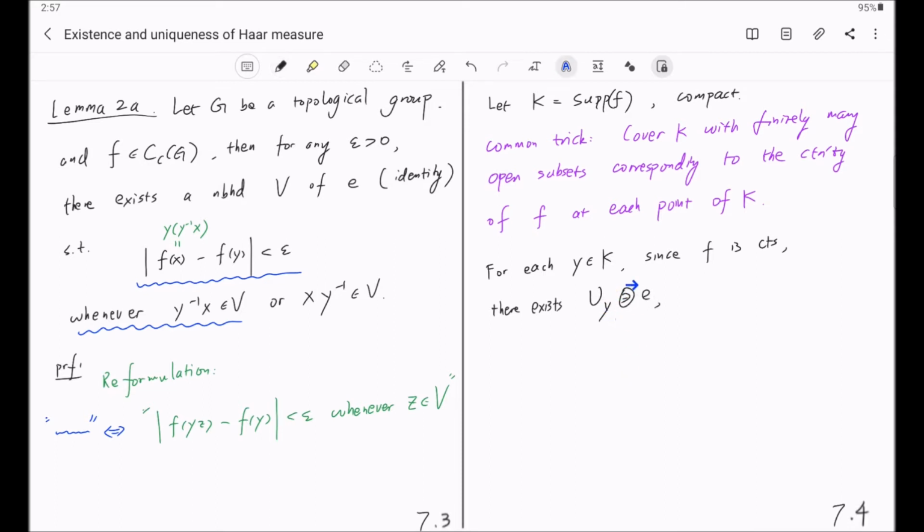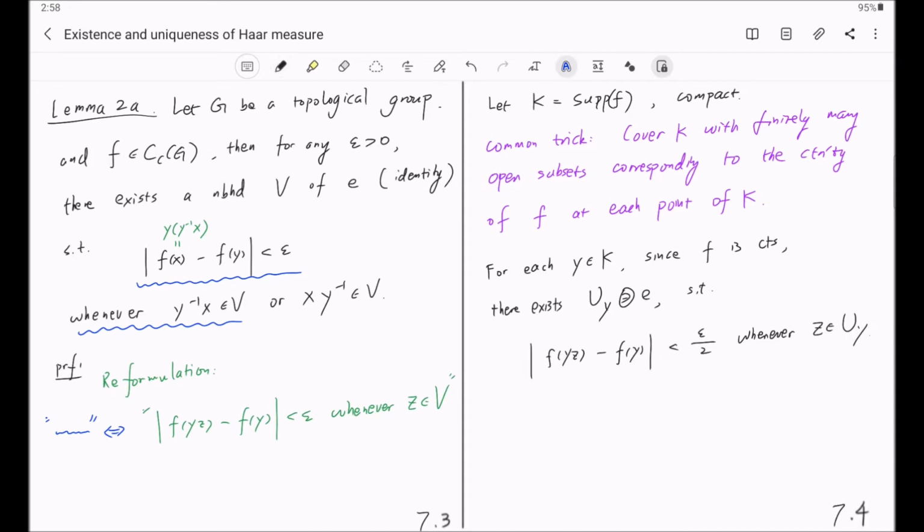If you are familiar with the other videos I made, I often use this notation to denote an open neighborhood of some element, with a circle around the common notation of membership of an element, such that the absolute value of f of yz minus f of y is less than epsilon divided by 2, whenever z is in Uy.